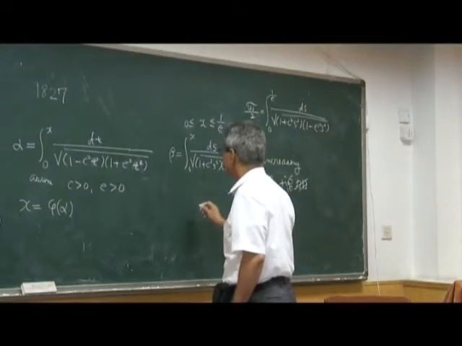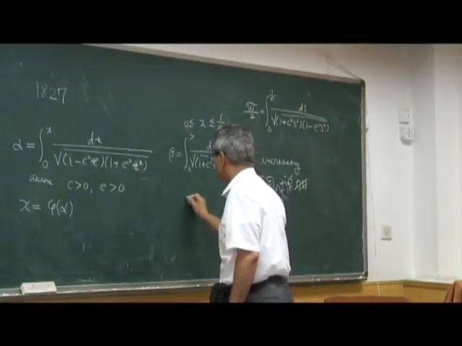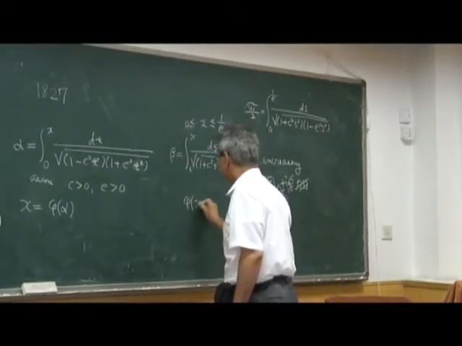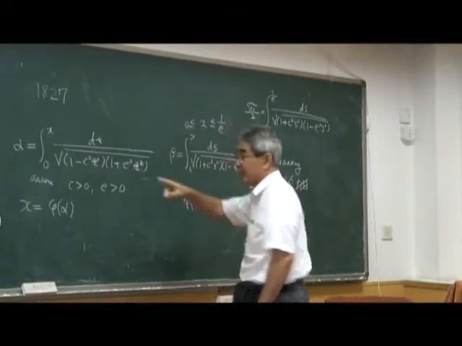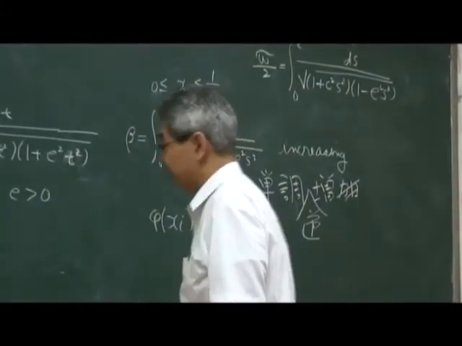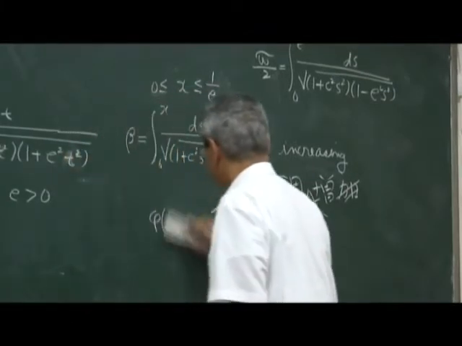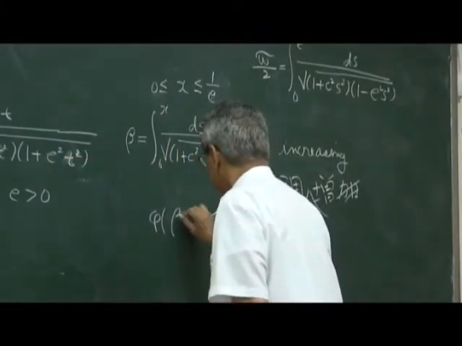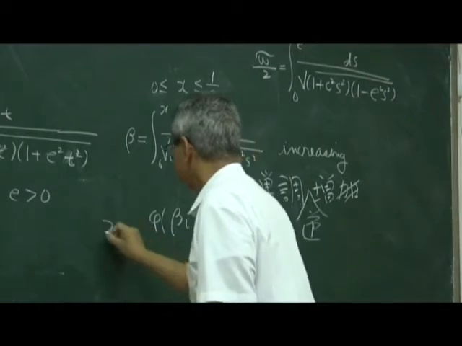And then he actually said that phi xi, the same phi, is defined. No, sorry. Phi beta I is xi.